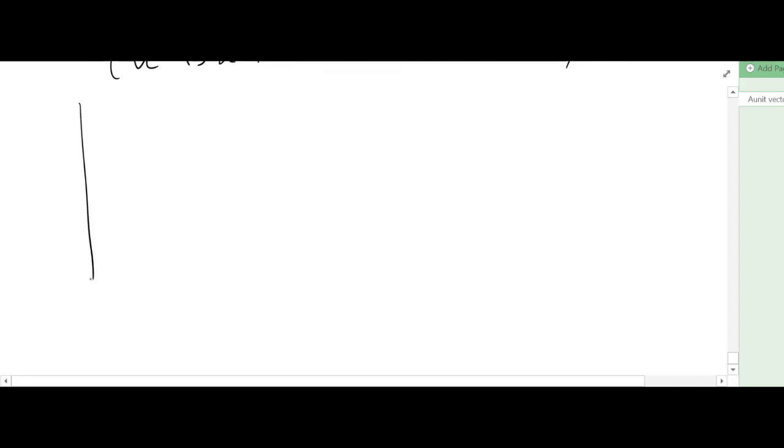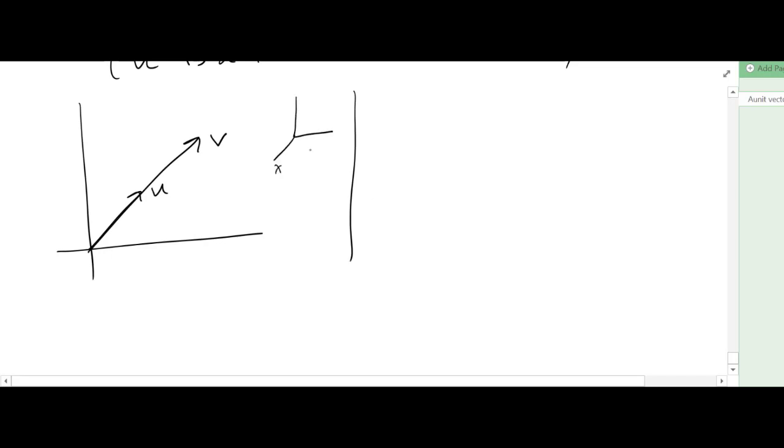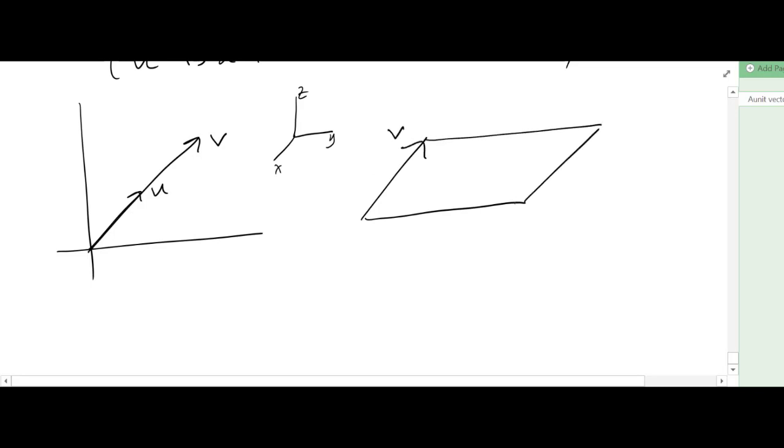For two vectors, that just looks like they're along the same line. For three vectors, you kind of have to draw it in 3 dimensions. Imagine I have some 3-dimensional coordinate system here, and I'm going to draw a plane. Say this is the plane determined by these two vectors V and W. When I say that U is dependent upon V and W, I mean U is somewhere inside the plane, as opposed to this vector, which points directly upward, which is not dependent. It's not in the plane.